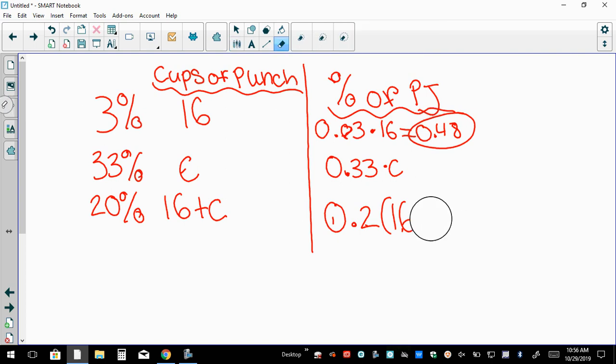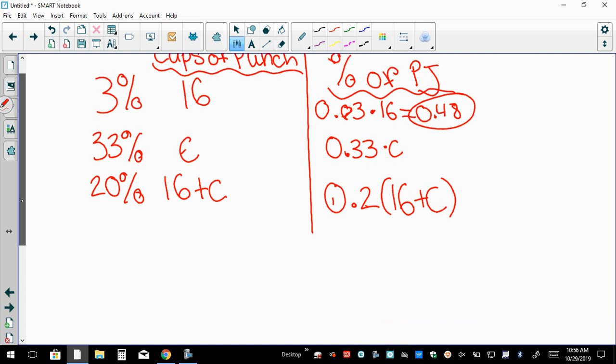So 3% of 16 cups is 0.48 pineapple juice. If you multiply across, you're going to be adding down. She multiplied this already to get 0.48. Then 0.33C. And this is just 20% times the whole quantity of the mixture, because that's what we need to find, 20%.